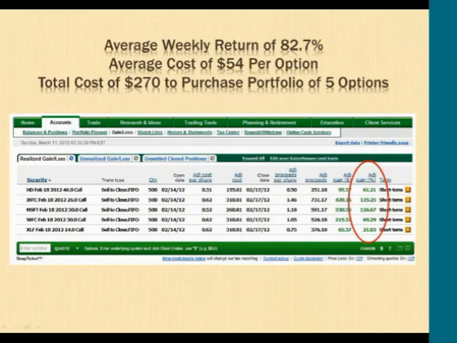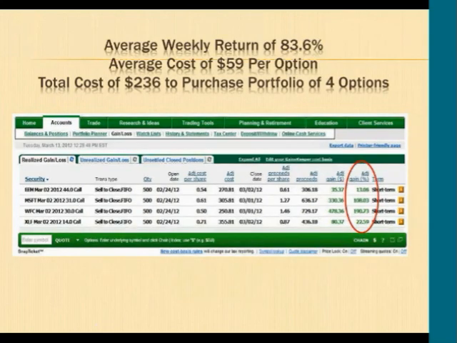So the total cost, if you were just going to purchase one contract of these 5 options that week, would have been $270. So these weekly options can be traded in smaller accounts because of the lower cost.